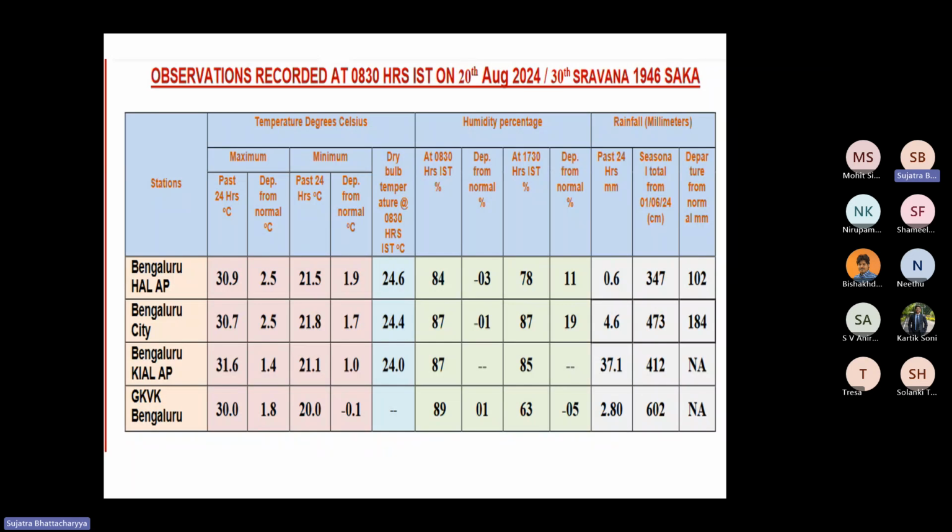IMD provided rainfall on the morning of 28th: almost no rain at HAL airport, 4 millimeters at Central College. This is not bad, so that gradient is correct. There was a huge gradient of rainfall, and this is correct. Yelahanka was somewhere in this region, but ISRO showed close to 100 millimeters.